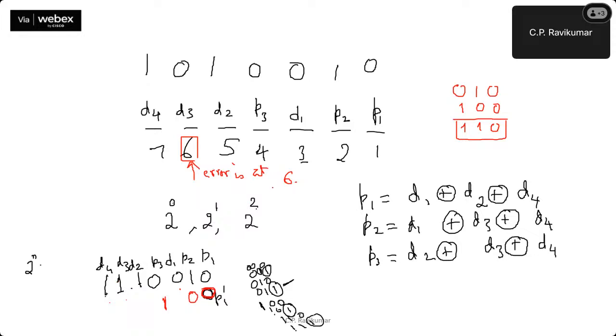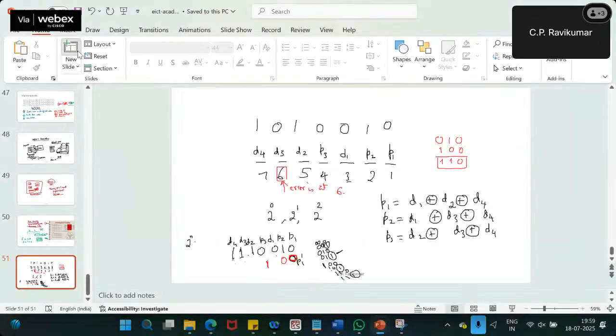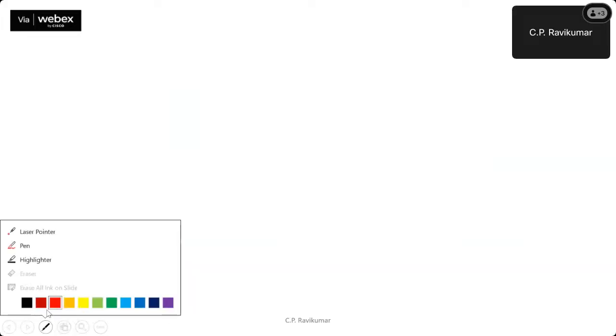So what is the essential idea? If the data is, let us say, n bits, okay, so try n equal to 32. So 2 to the power p should be greater than or equal to 32 plus p.